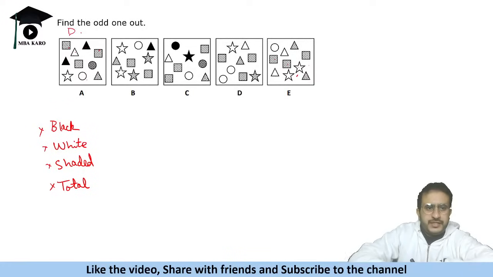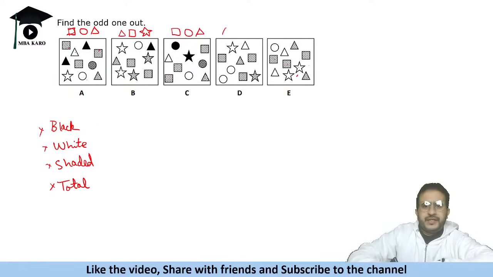The square, the circle and the triangle are shaded. In this, the star, triangle, square, and star are shaded. In this, square, circle, triangle are shaded. In this, triangle, square, star are shaded. In this, only the square and the triangle are shaded.